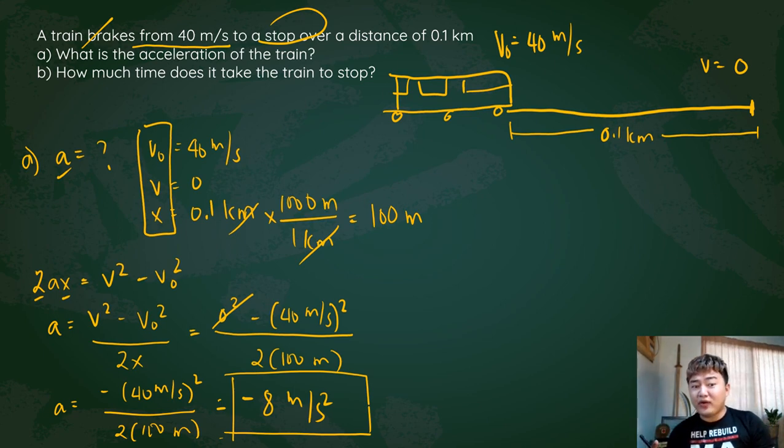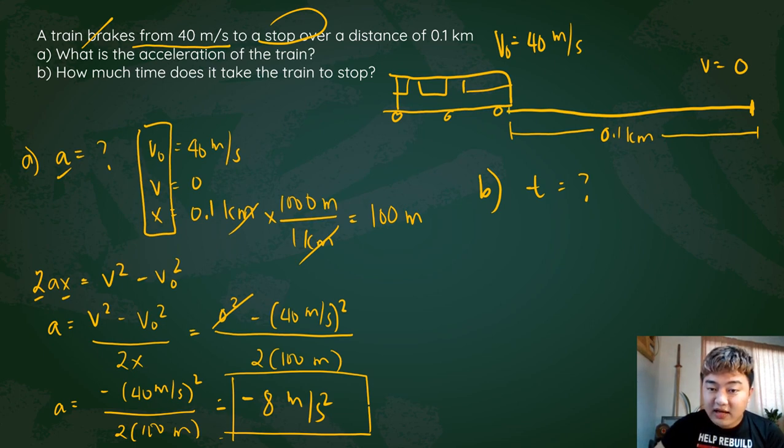So now we have solved for acceleration. Next, we need to solve for the second question, which asks us for the time. So what's the time? How much time does it take the train to stop? So from this position we have here, how much time will it take for the train to reach 0 meters per second?